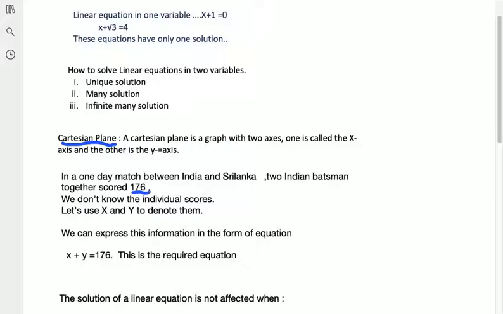So let's say the score of the two batsmen is x and y. Then we can express the equation as x plus y equal to 176. This you must already be familiar with.